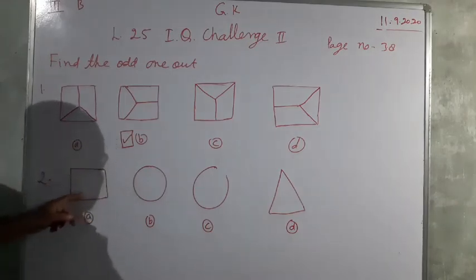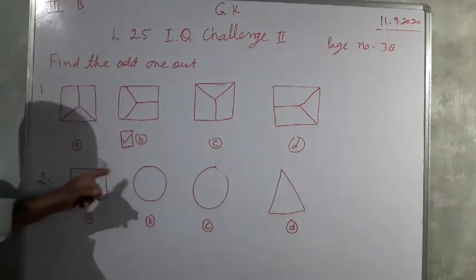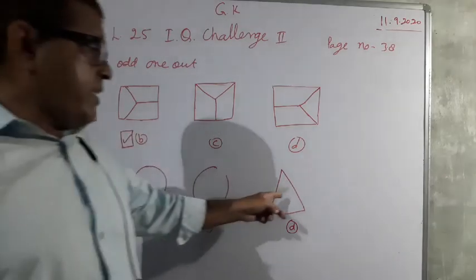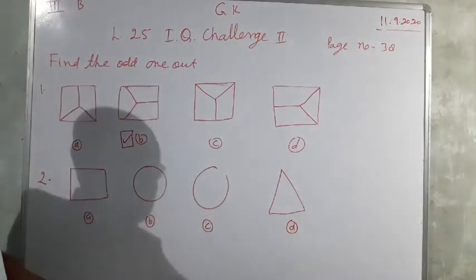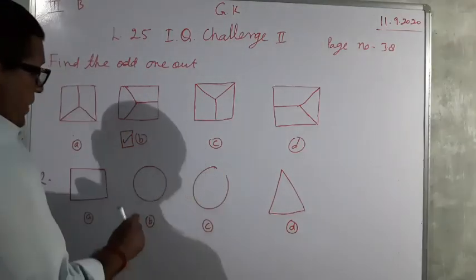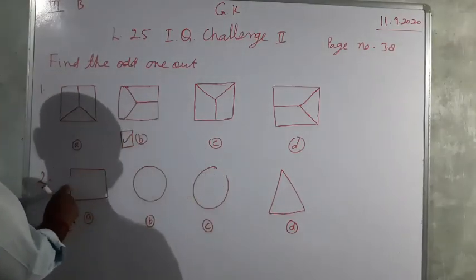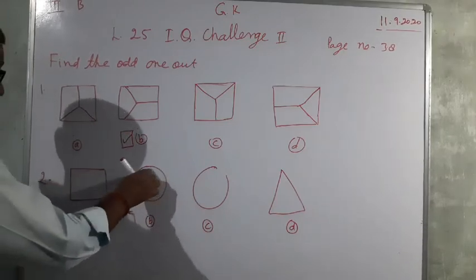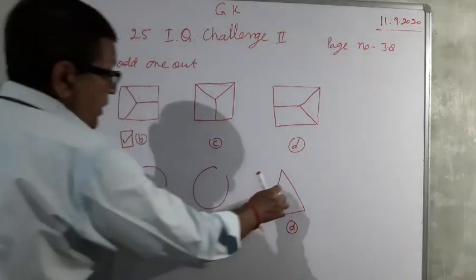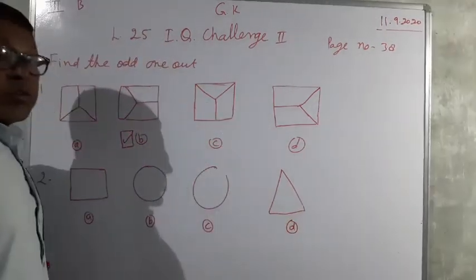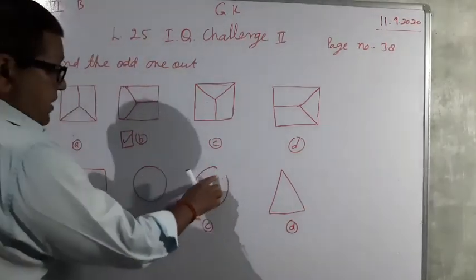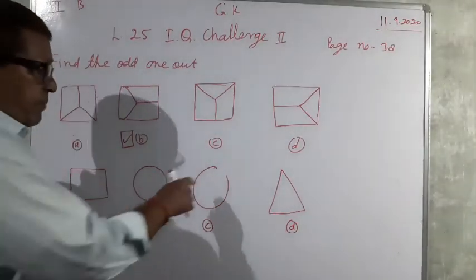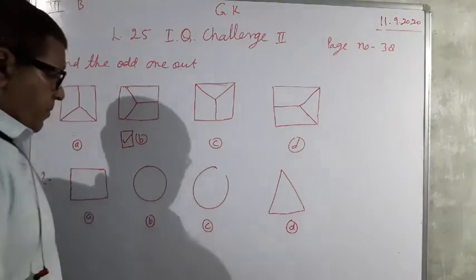This is the rectangle, this is a circle, and this is a triangle. And here this circle is incomplete. Here this closes an area, it completely closes an area, it also completely closes an area, but it is not completely enclosing the area because the circle is incomplete.